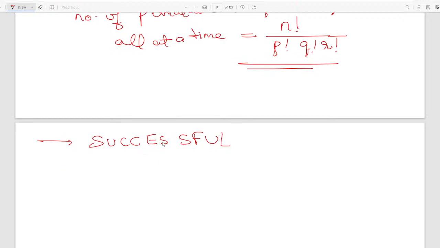If this is the word SUCCESSFUL, and you want to calculate in how many ways the alphabets of this word can be arranged. So here there are 1, 2, 3, 4, 5, 6, 7, 8, 9, 10. There are 10 alphabets.